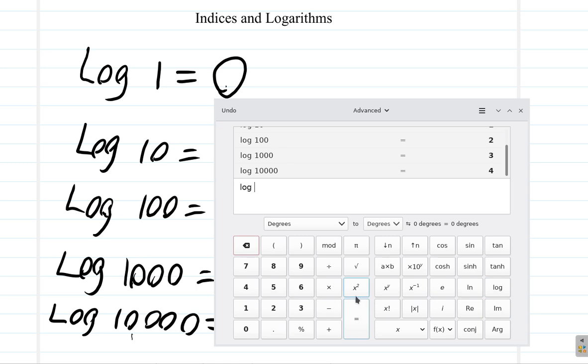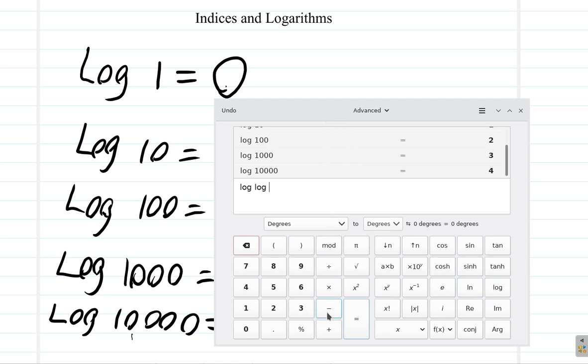You'd have to say the inverse of log. I don't see any shift or second function on my calculator. If you're using a scientific calculator and use shift or second function and 3, you should get 1000.